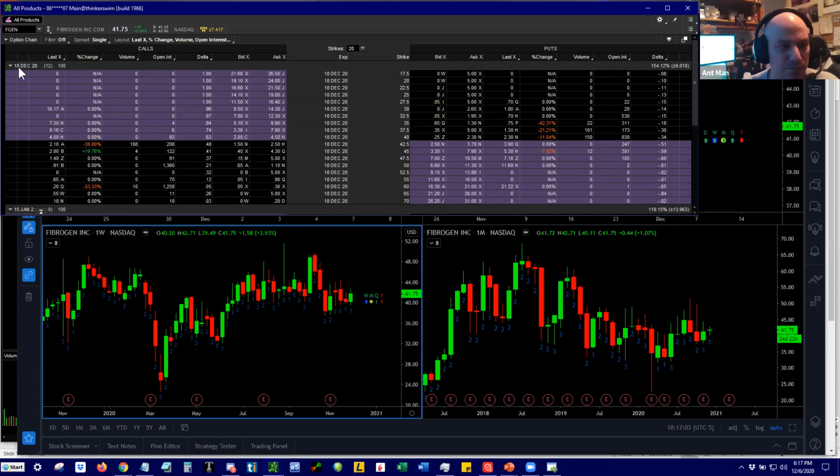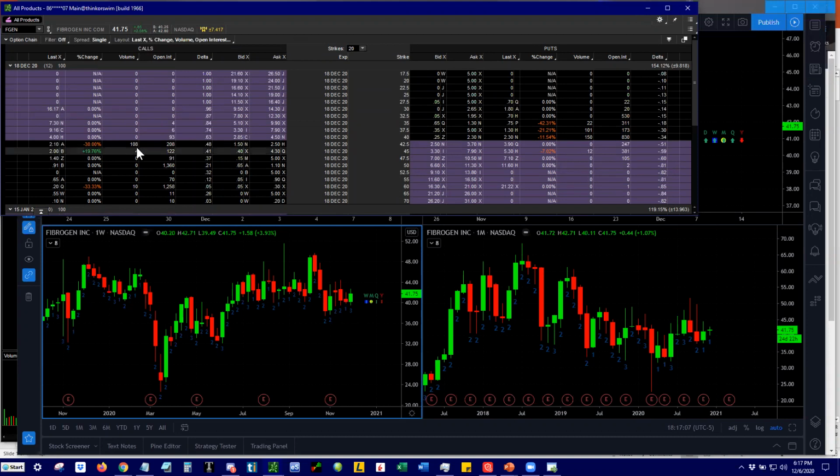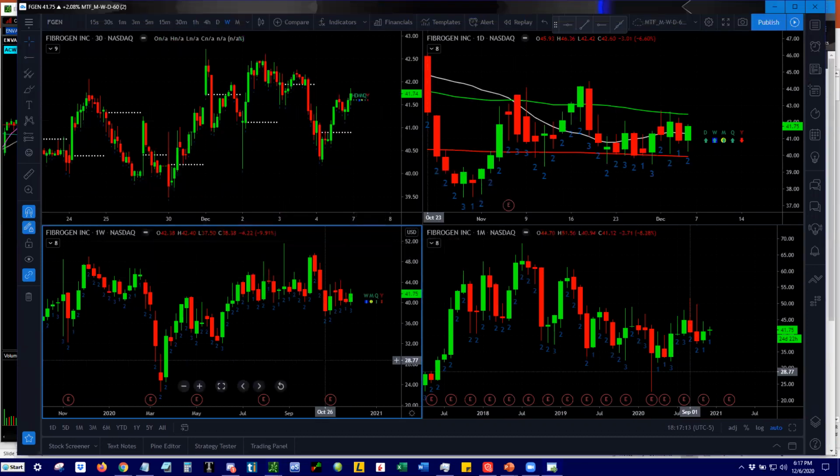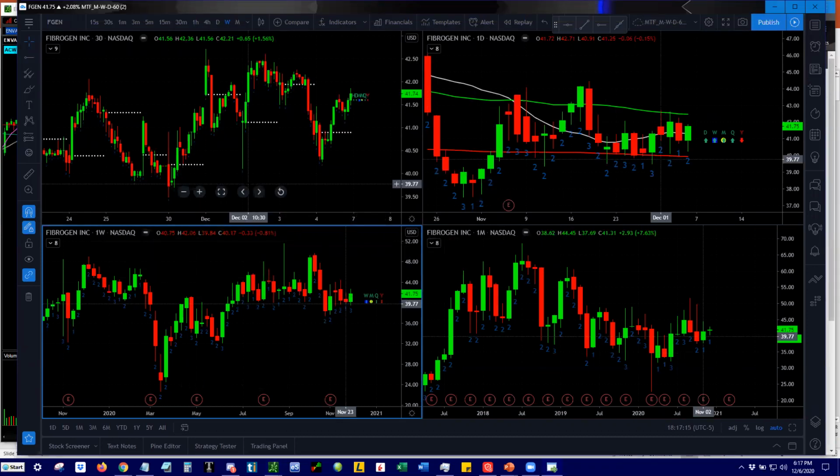I don't know if you have rules on that, but for it to be liquid enough to get out with a decent fill and not get screwed, because on a lot of these more thinly traded stocks, if the options are really thin, those market makers are going to stick it to you on the spreads on the way out. So it's not too expensive, and I personally would probably play the comment on this one.